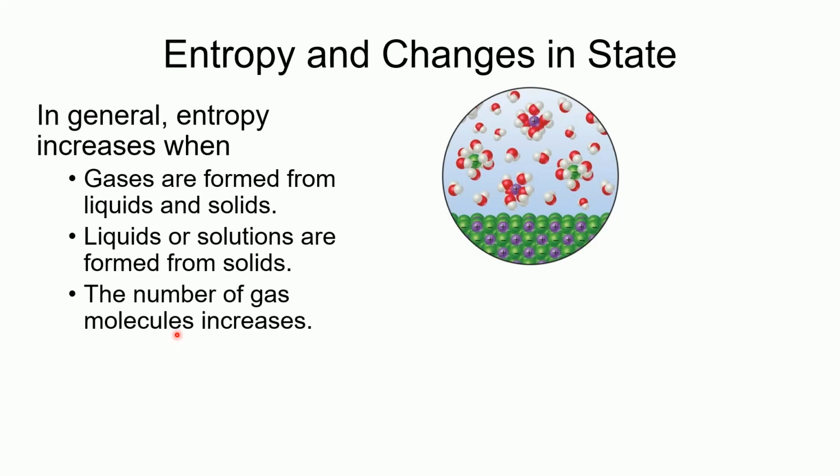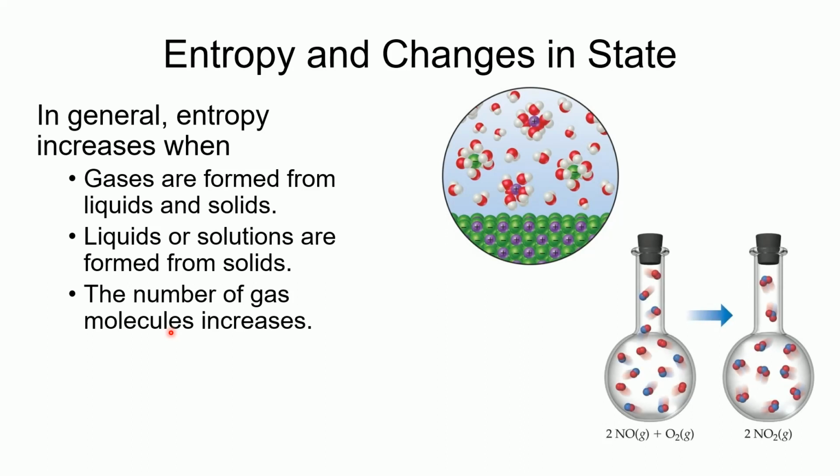If we increase the number of gas molecules, that will also increase the entropy. Over here, I've got a diagram that represents a chemical equation. We have 2NO plus O2 gives us 2NO2. So this is a chemical reaction that can occur. And on this one, instead of increasing the entropy of our system, it decreases the entropy of our system.